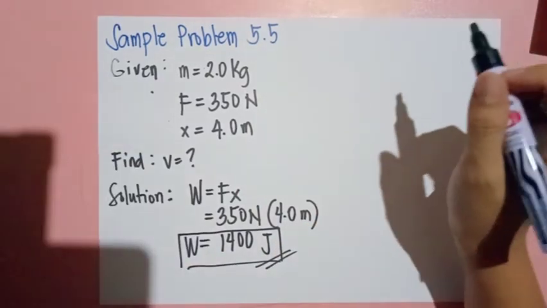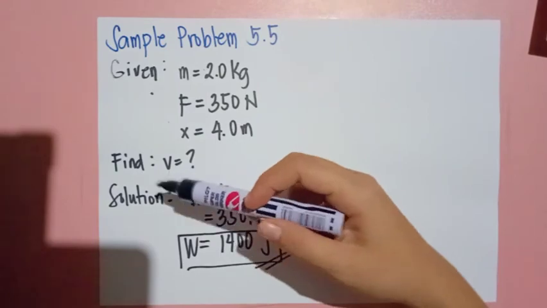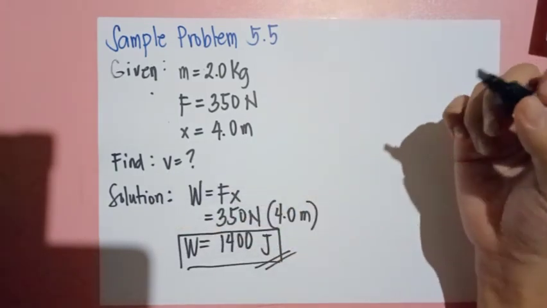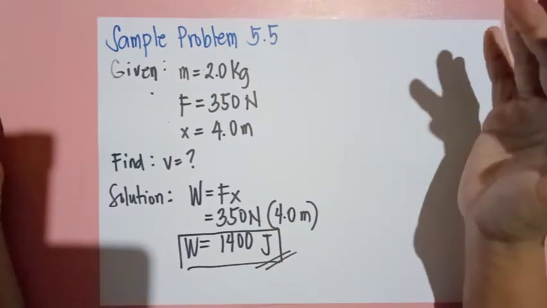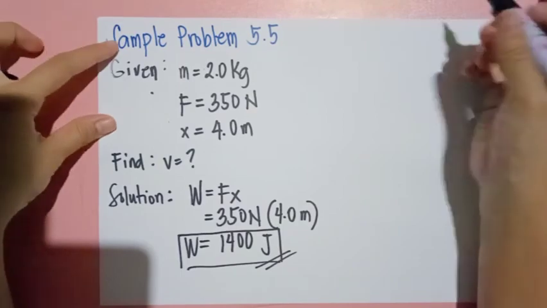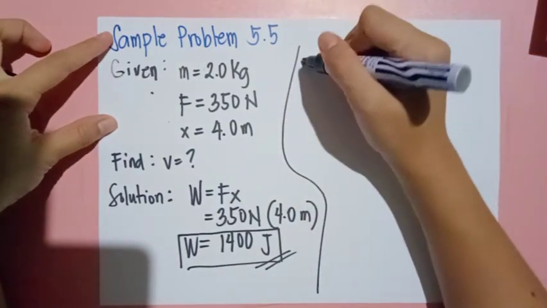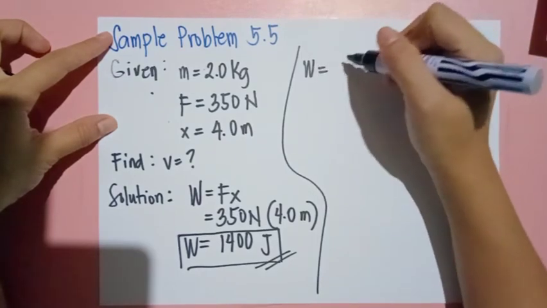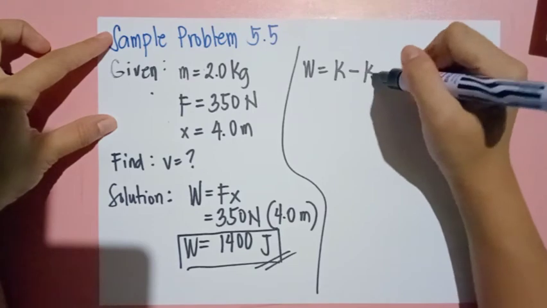Okay, so from here, since we are going to find the value of V, or the final speed, we need to use equation 5.7. So equation 5.7 is W equals K minus K sub 0.